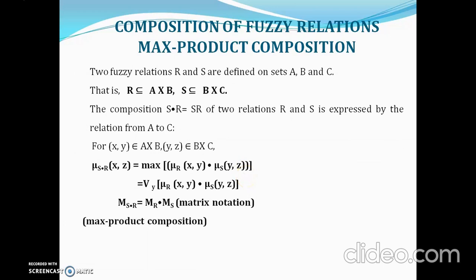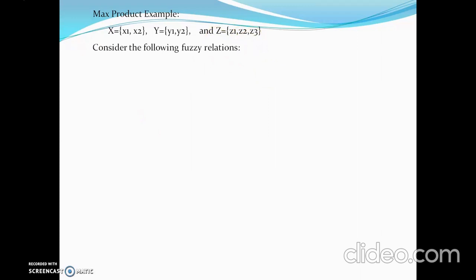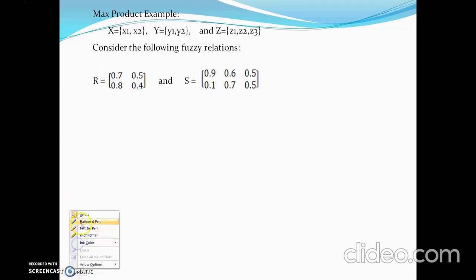So we will go for one example now. Consider this example again. X equals X1 comma X2, Y equals Y1 comma Y2, Z equals Z1, Z2, Z3. We have two fuzzy relations R and S. R contains X1 and X2 with Y1 and Y2.